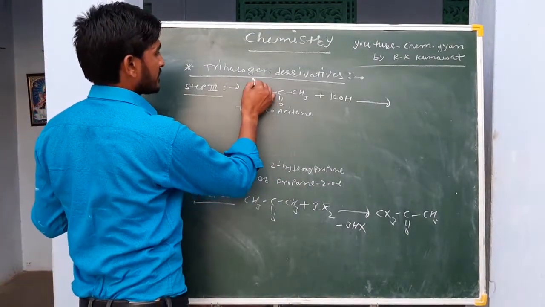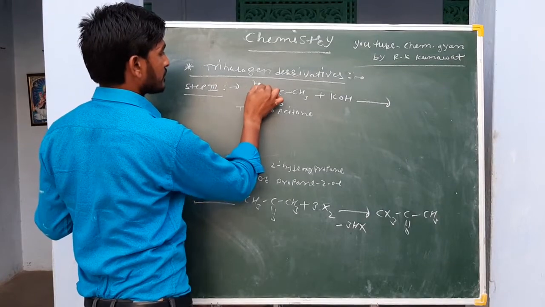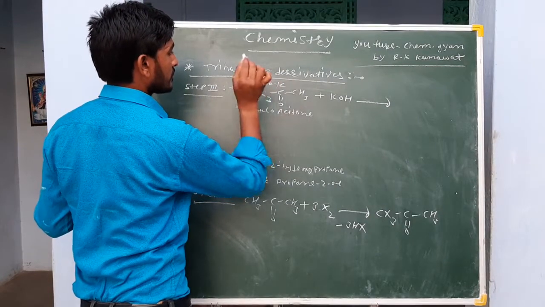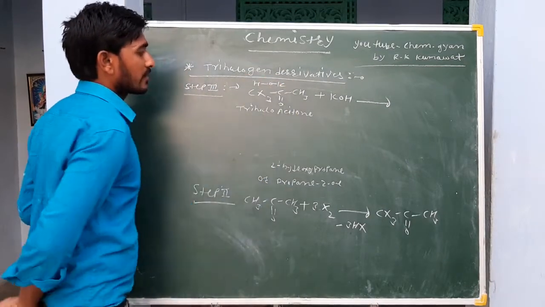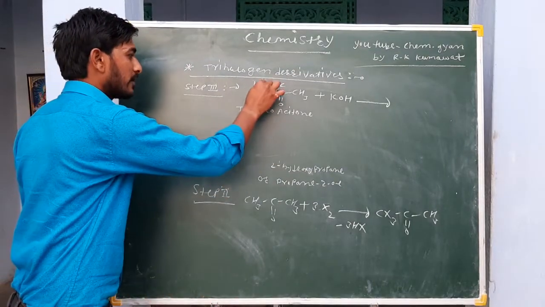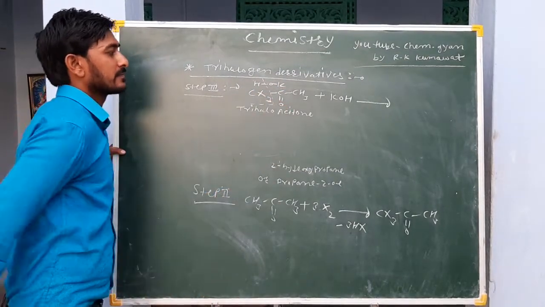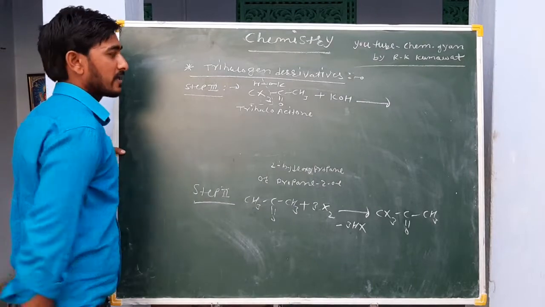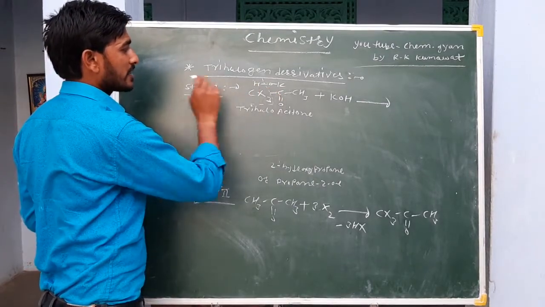We write KOH here in this way, and the bond dissociates, the CH3C bond and the OH bond.